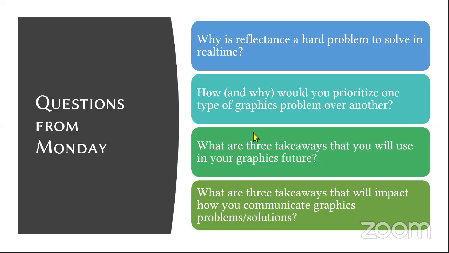That's why it's a really hard problem to solve in real time, because you're trying to find out where the biggest loss of light is that I'm seeing. You want to prioritize, and it also has to do with the kinds of materials you're using. So let's look at the second question: how and why would you prioritize one type of graphics problem over another?